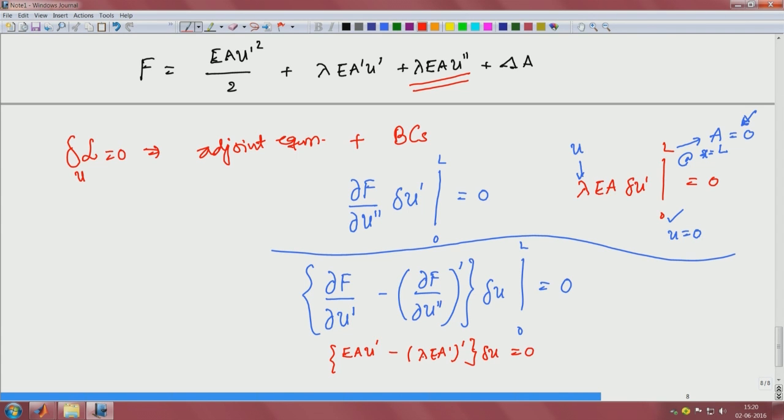Again we know that lambda is nothing but U, so we will have E A U prime minus U A E prime prime, that will give us.